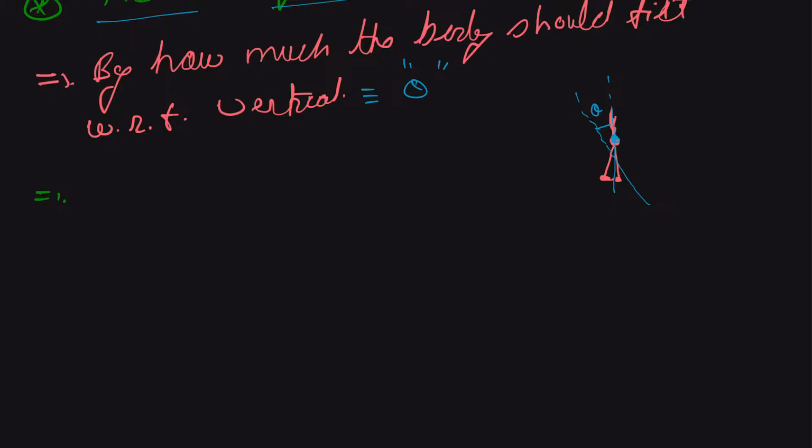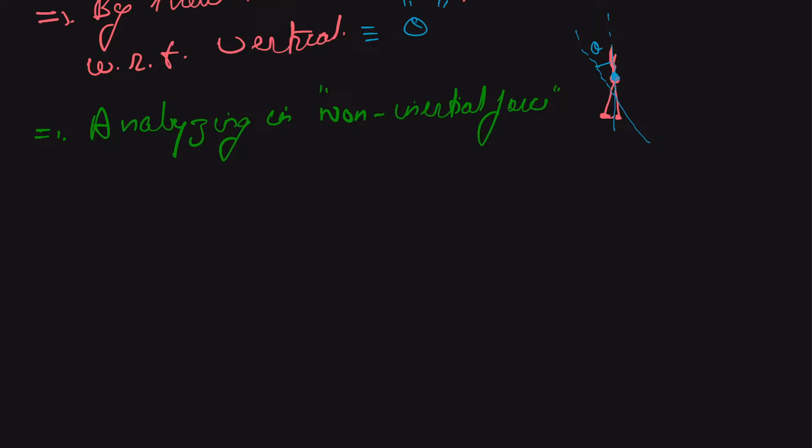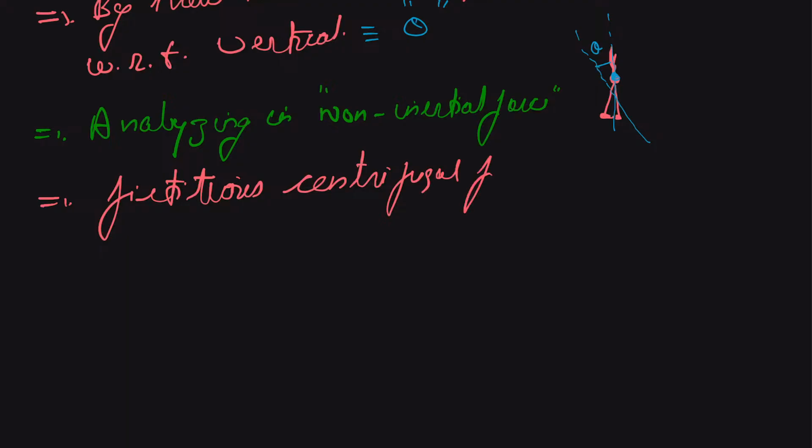So we can say analyzing in the non-inertial frame, and therefore the fictitious centrifugal force, that is F C of F, will be mv square upon r.